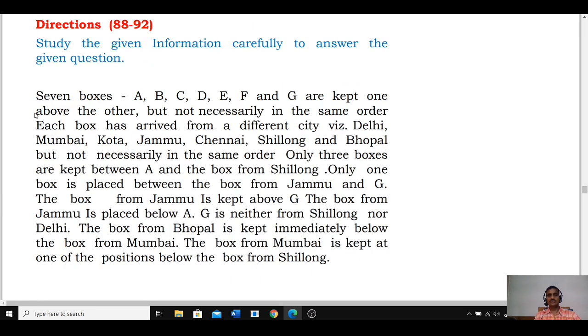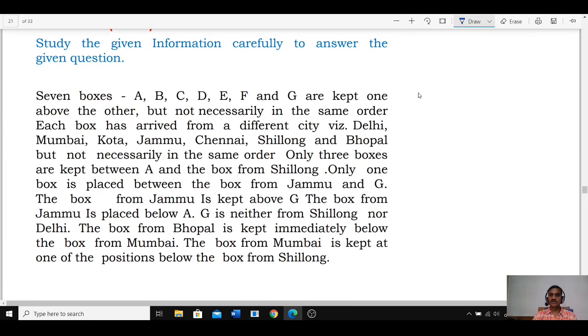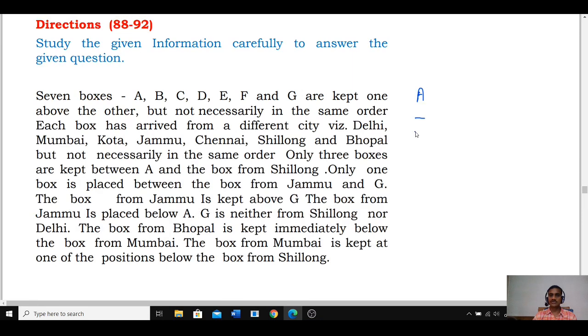Then coming to question numbers 88 to 92. Now in this 88 to 92, how many boxes are there? 7 boxes. A, B, C, D, E, F, G are kept one above the other but not necessarily in the same order. Each box has arrived from a different city, Delhi, Mumbai and so on. Only 3 boxes are kept between A and the box from Shillong. Tell me how many boxes are between A and Shillong? 1, 2, 3, and there are only 3 boxes between A and Shillong.